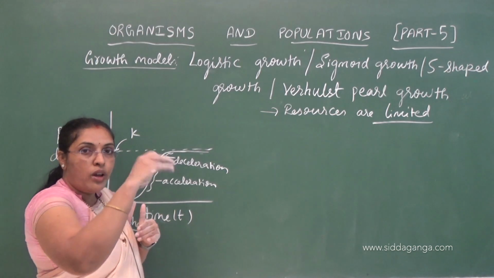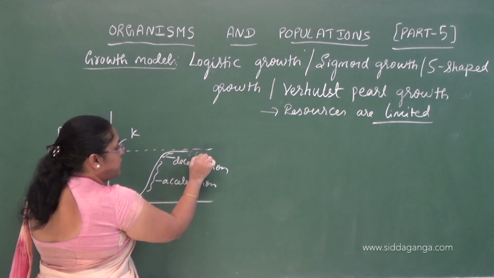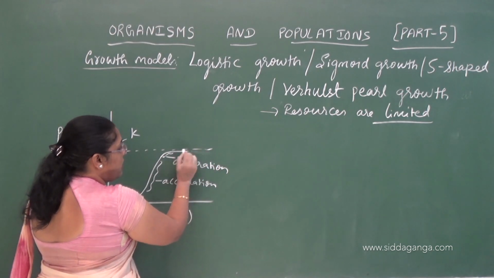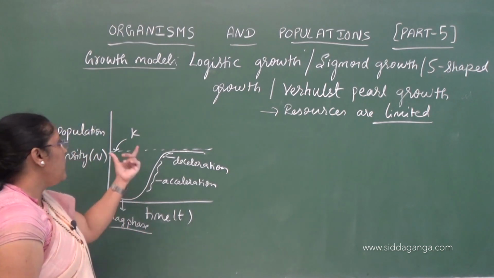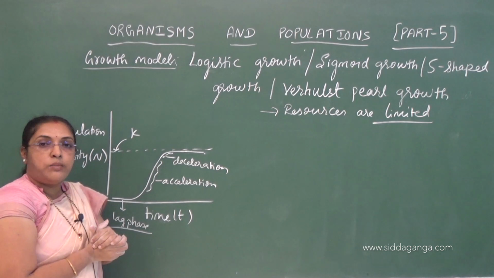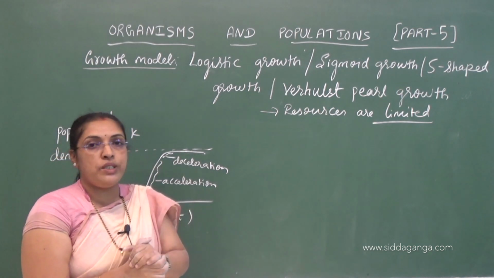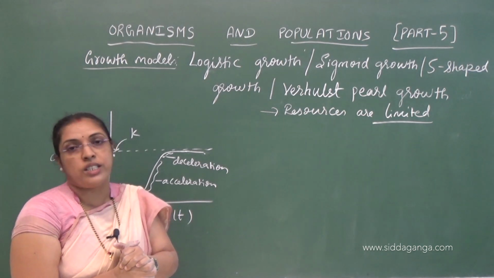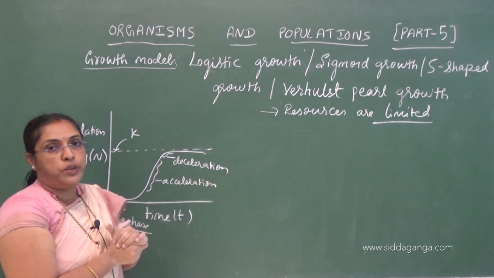Then asymptote. Asymptote means, as I told, a little bit of increase or decrease in that area, but it will never reach the straight line. In the logistic growth, we see carrying capacity. Nature's carrying capacity means that in nature some resources will be there that help in the survival of a certain number of species.